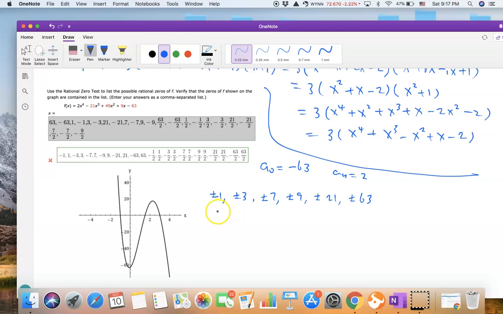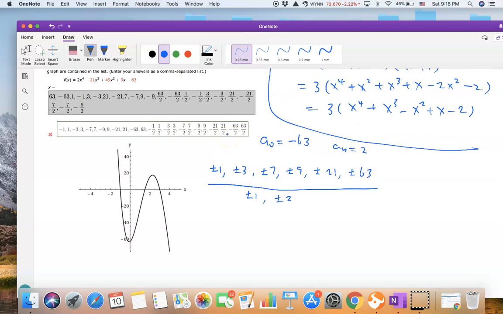And the factors of the leading coefficient 2, so positive 1, positive 2.